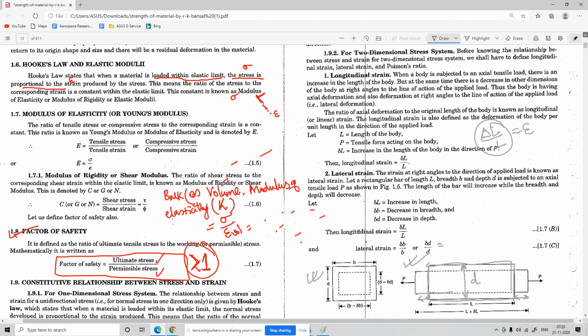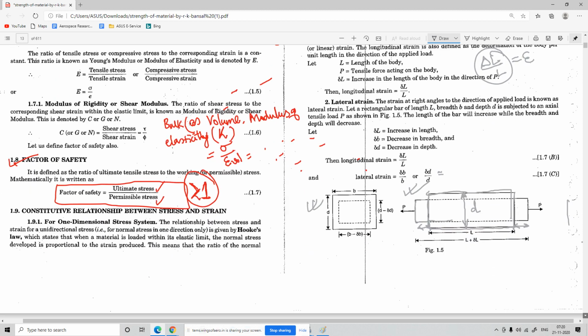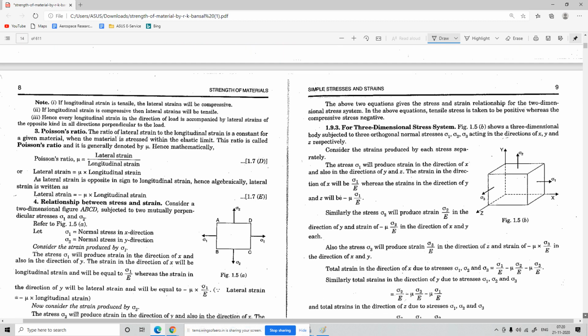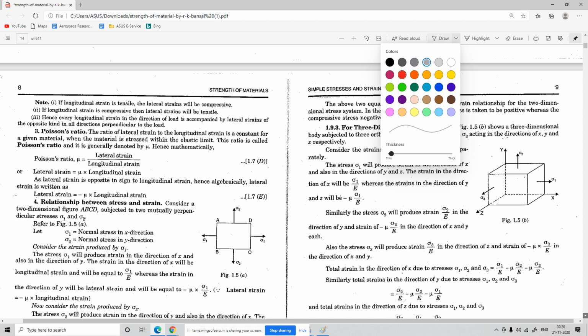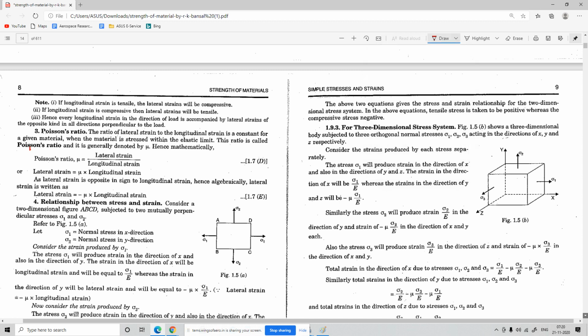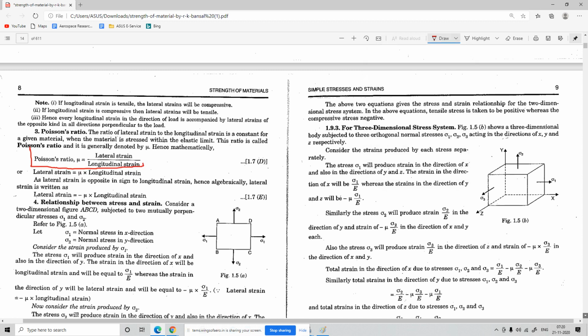Right, now we will see one more important term called the Poisson ratio. Let's see what the Poisson ratio is. Poisson ratio defines the lateral strain by the longitudinal strain.